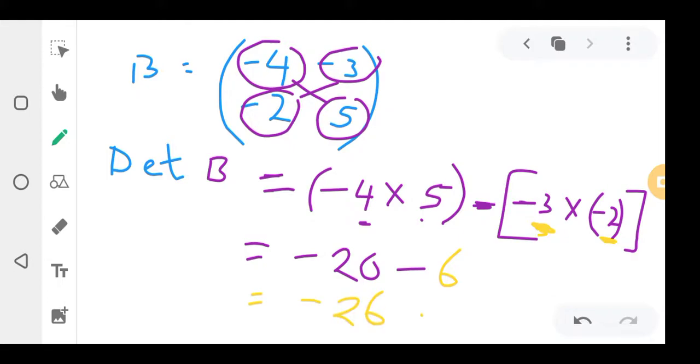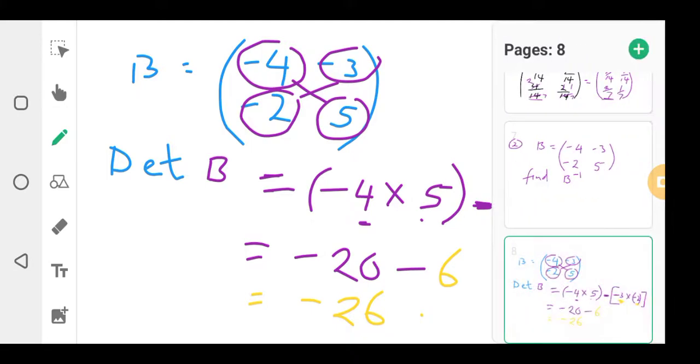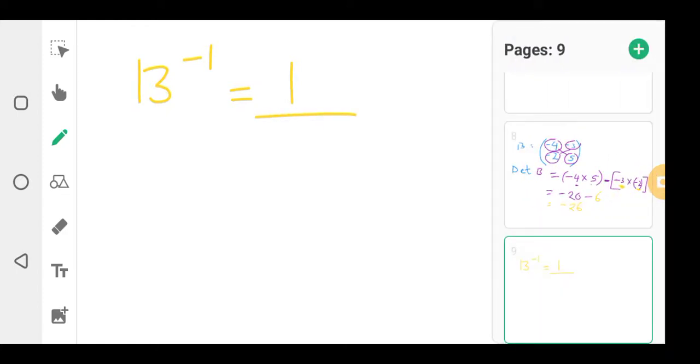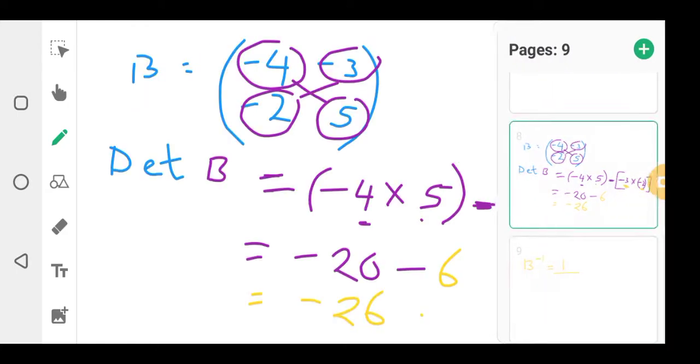Have you seen that we found the determinant? After finding the determinant, that's when you can find the inverse. So we now find the inverse. B inverse is equal to 1 over the determinant you have found.